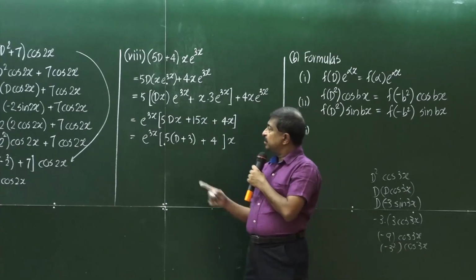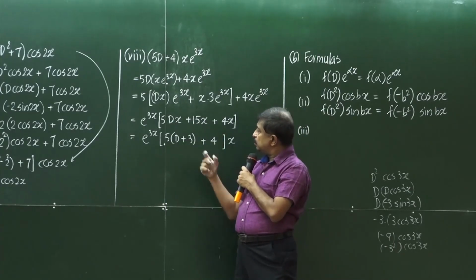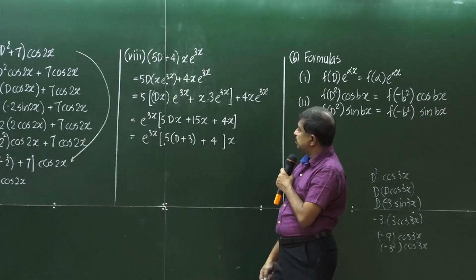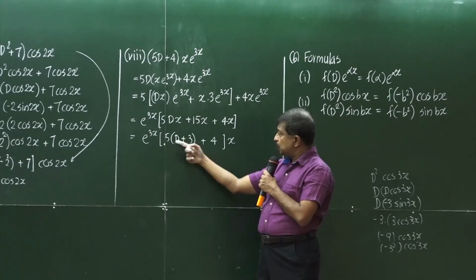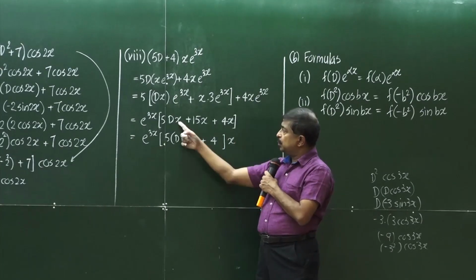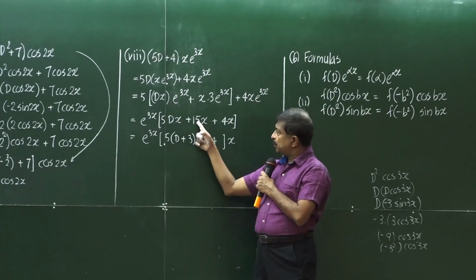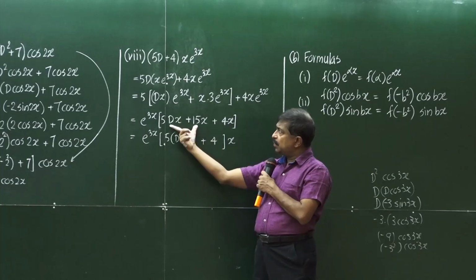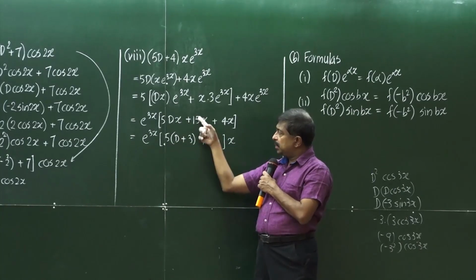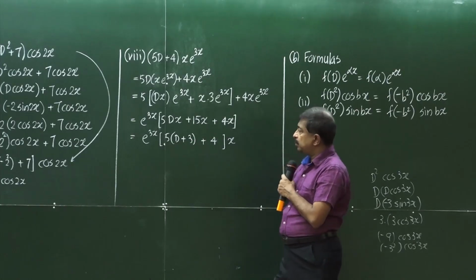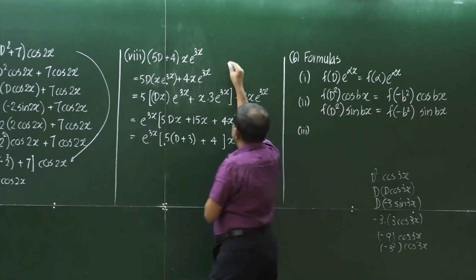Now you can pull out x as well, because x is there in every term. So you pull out x to this side, you get 5D plus 15 plus 4. Here 5 is common. So I write it like this. 5, this is 15, this is 4. Now can you jump from here to here?